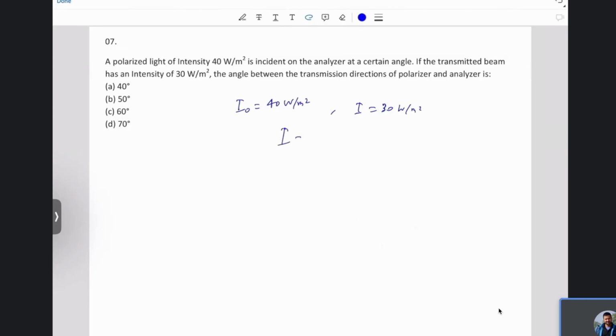So again, we can just use the Malus law. cos square theta would be just I by I naught, which is 30 by 40, that is 3 by 4. So cos theta will be under root 3 by 2, which is just 30 degree.